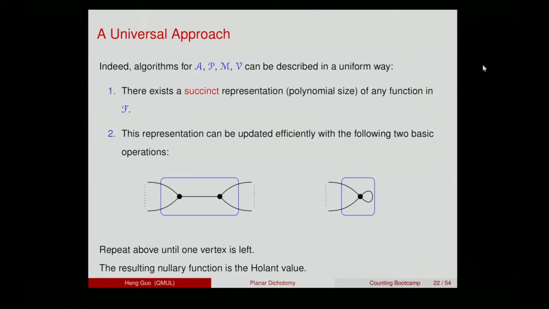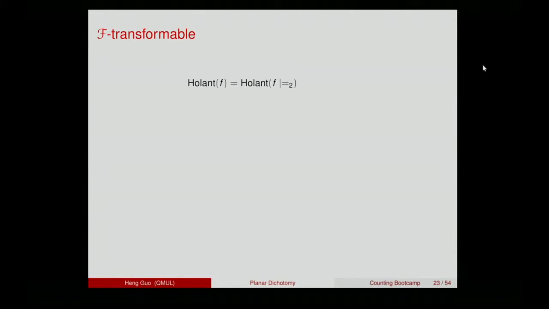So if we are considering CSP, we should stop here. For CSP, this is it. But we are doing Holant, and for Holant, there's one more thing to consider, which is holographic transformations. So here is the definition of so-called F-transformable. Basically, we write the Holant in this bipartite way, and we do a transformation T, and we put these two functions together.